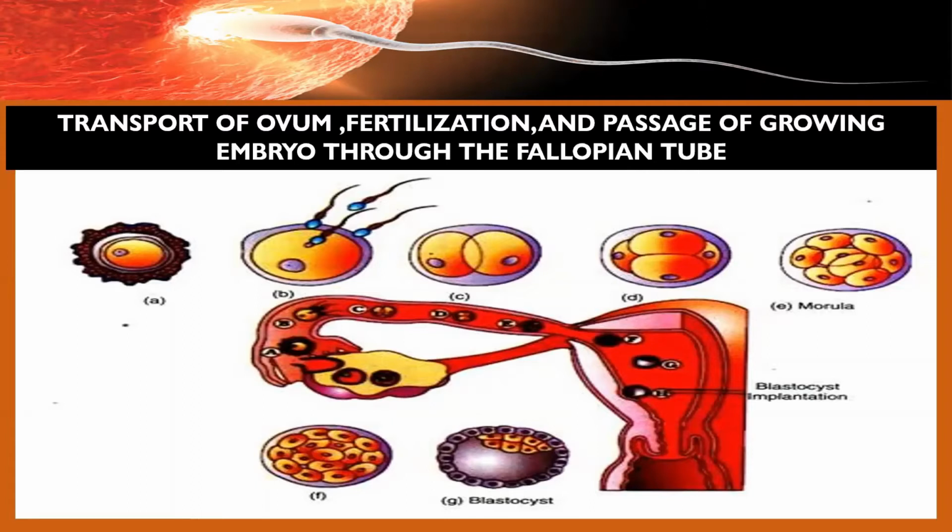Birds have lots of yolk in their egg because the source of nutrition for the growing embryo is yolk. But in the case of mammals, the growing embryo gets nutrition from the mother through the placenta. So there is no need of any yolk here.